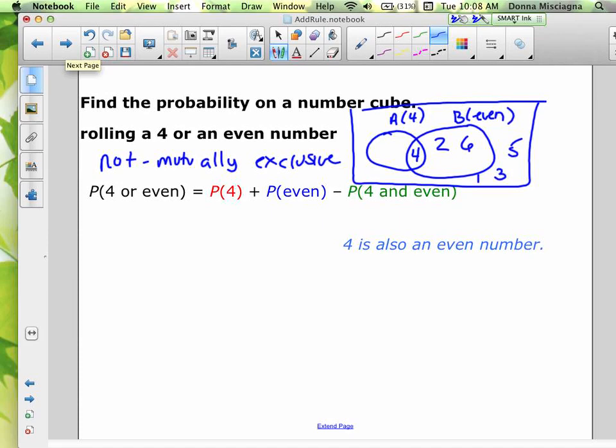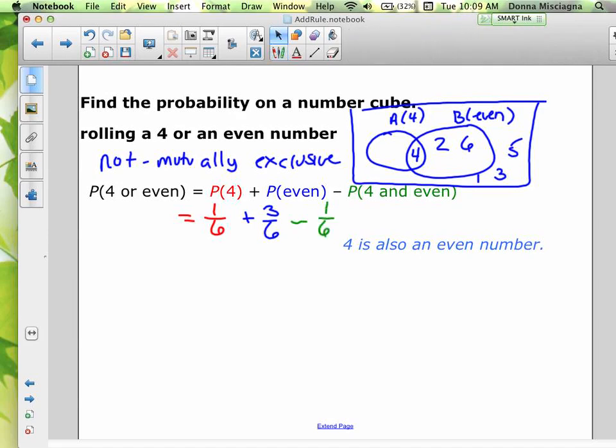So the probability of rolling a 4 or even is going to be the probability of rolling a 4, which would be 1/6, there's one outcome, plus the probability of rolling an even, and there are 3 of those, 2, 4, and 6. And then we have to subtract the probability of the intersection, which is the 4, minus the 1/6.